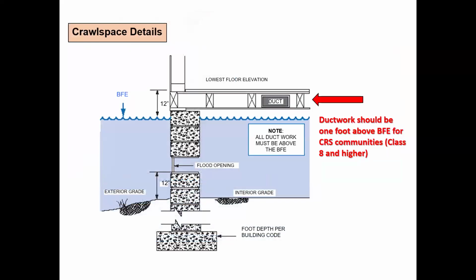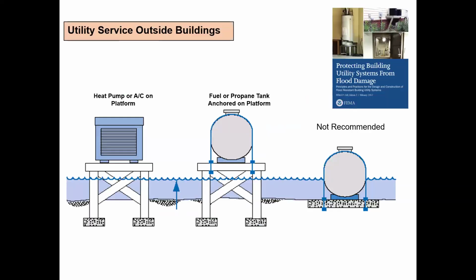That includes ductwork, which has to be elevated at least 1 foot above the BFE because it's considered utilities. And then there are certain machinery and equipment freeboard requirements if you're part of the CRS program and you're in a class 8 or higher. Little side part right there.